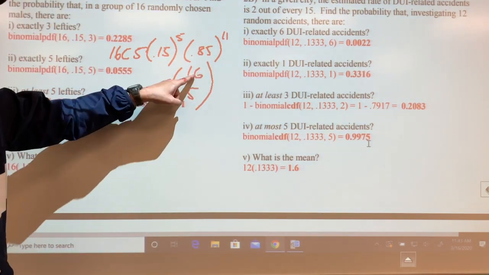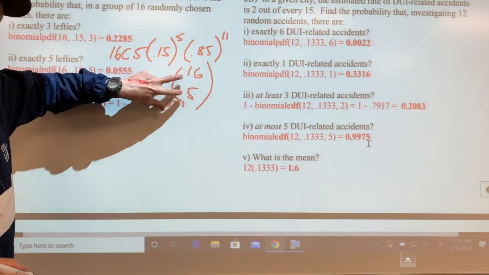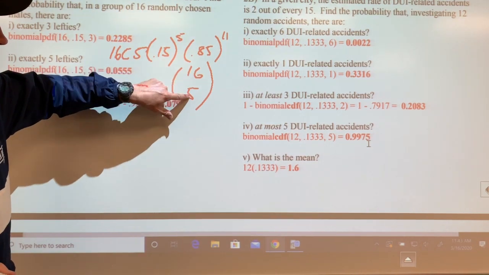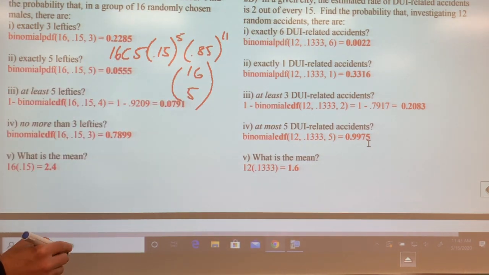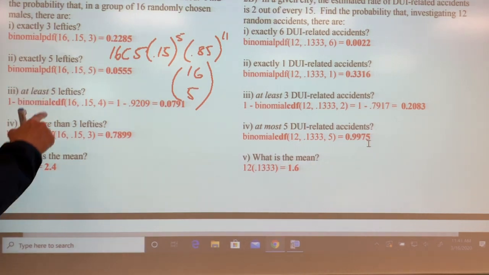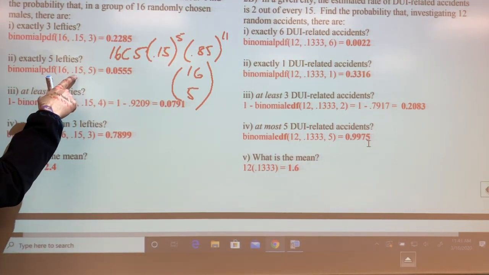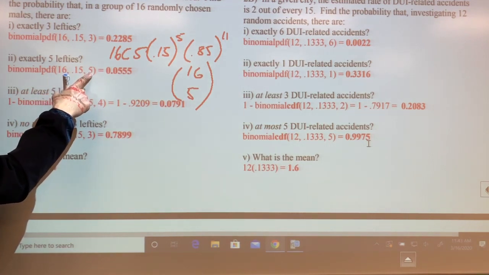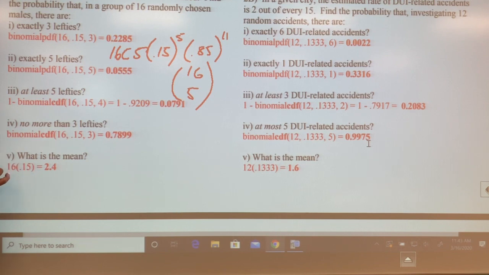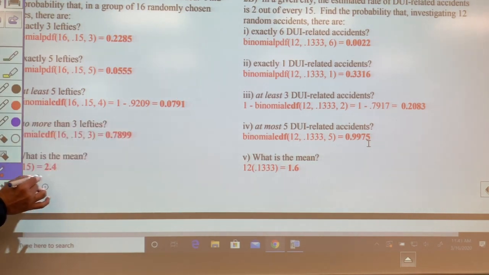That means 16 choose 5. That's another notation you could see. Or you can plug it in your calculator, binomial PDF, number of trials, probability of success, and how many you're looking for exactly, okay? All right.